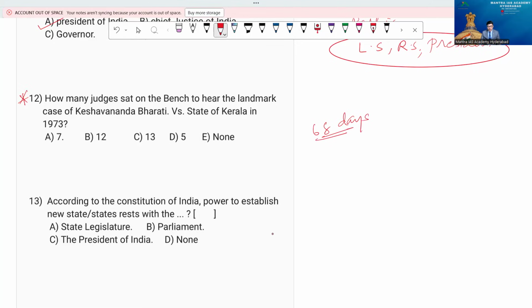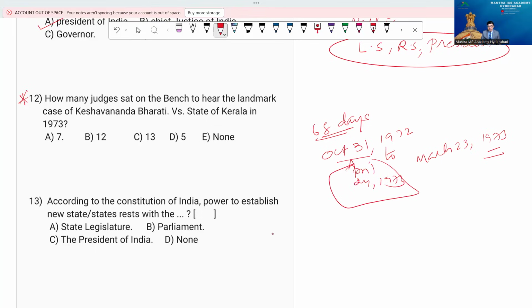It started in 72 and ended in 73. Even I just recollect the date: October 31st of 1972 to March 23rd, 1973. But the verdict came on April 24, 1973. This is a very big and wonderful case.